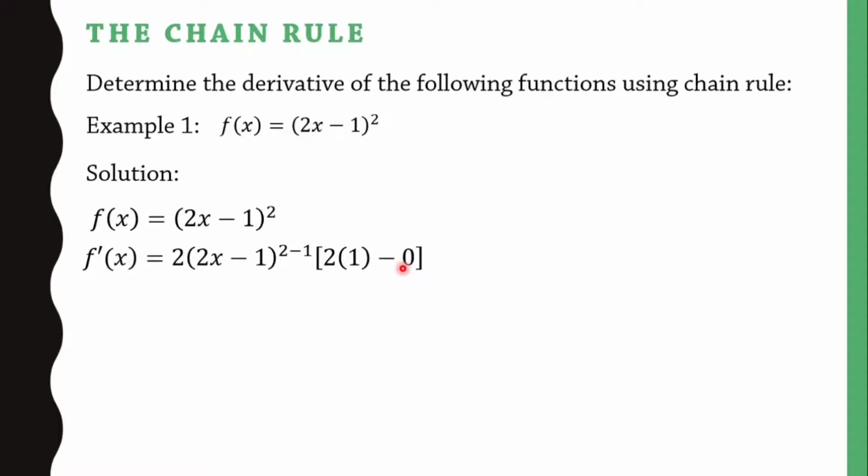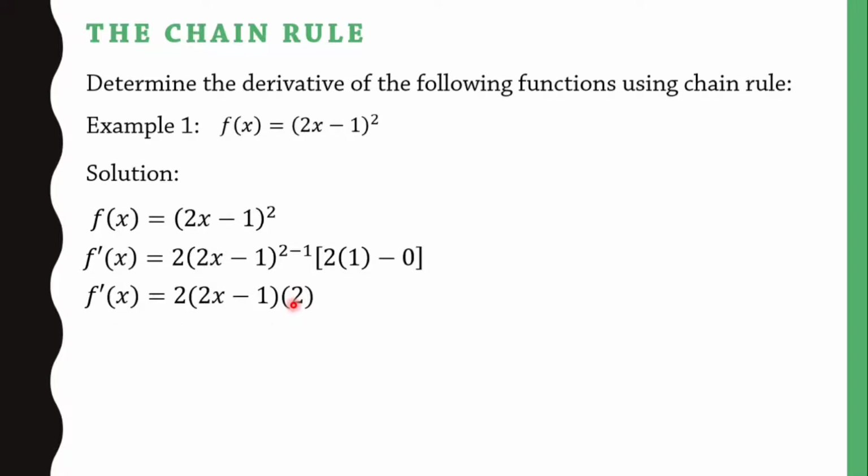Then, we simplify. That will be 2 times 2x minus 1 raised to 2 minus 1, that's raised to 1, so we don't put the exponent anymore. 2 times 1 is 2, minus 0, that's still 2. Now take note, we can still simplify this further.